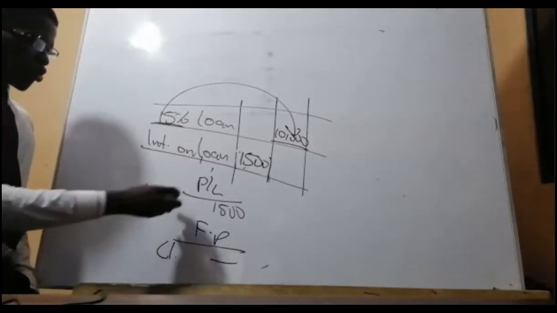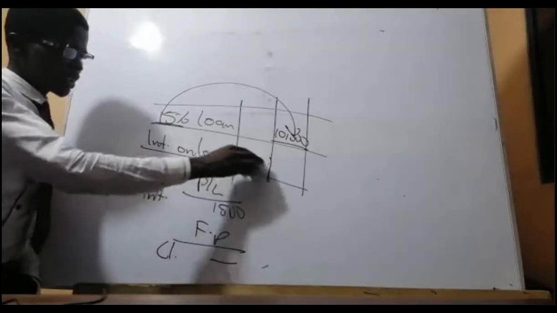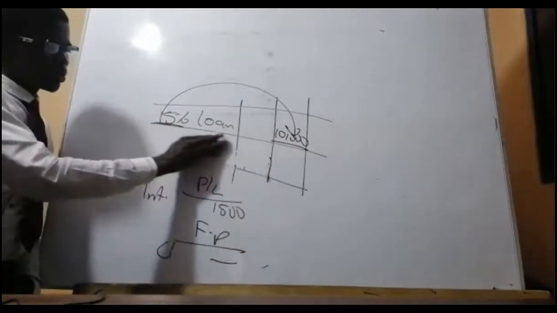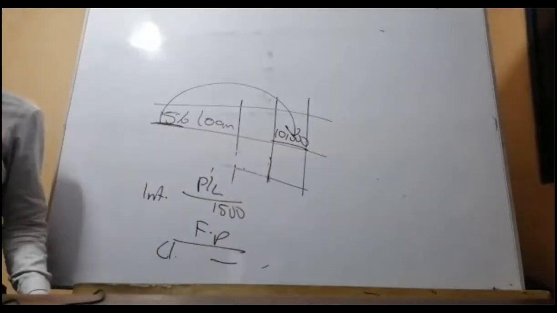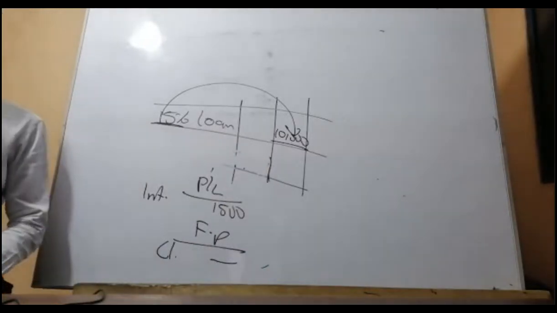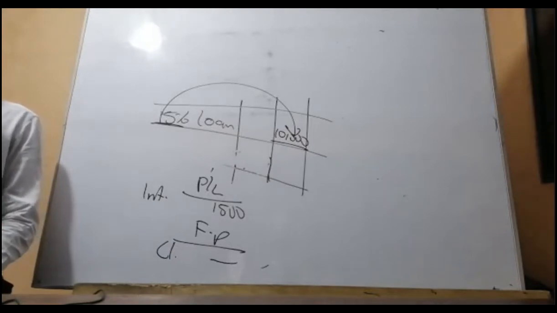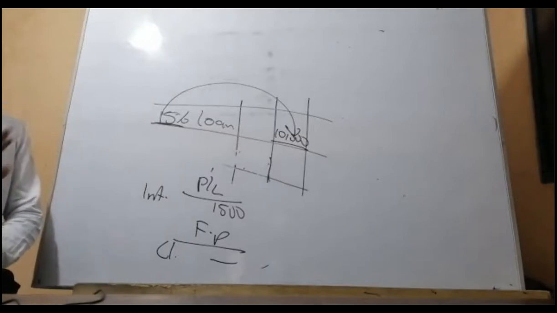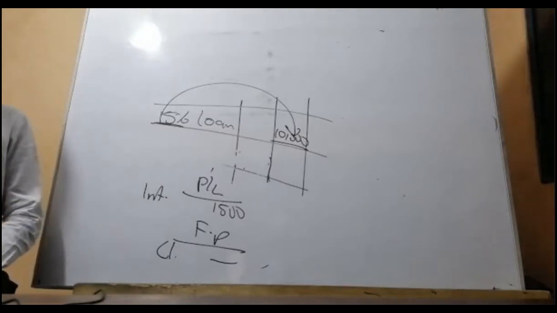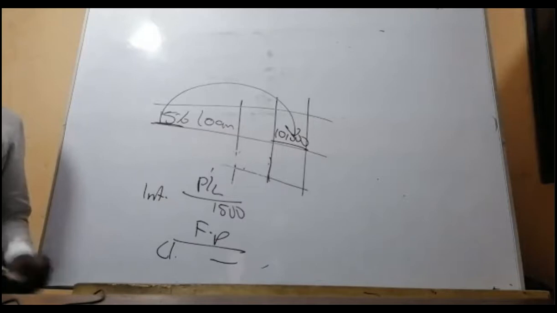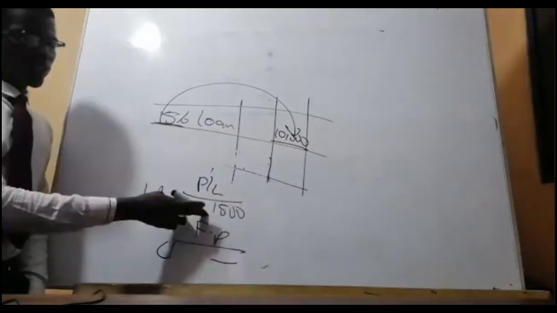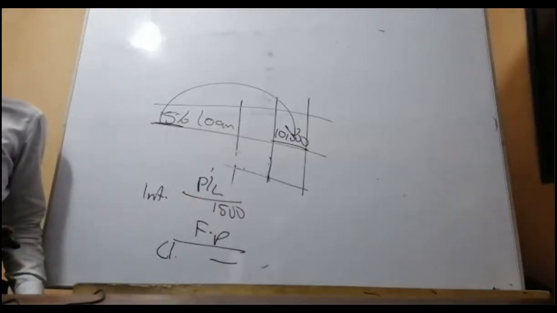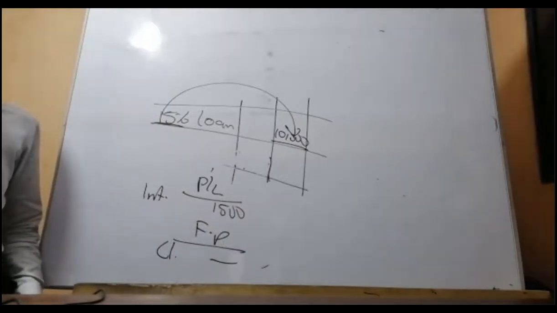Now, what if, the worst case scenario, this one is not there at all? That's the worst case. And the ICAG examiner did that in November, May 2016, Level 1 Financial Accounting, and we didn't give them any notes. It means that not even 1% of the 1,500 has been paid. The entire 1,500 is owing.